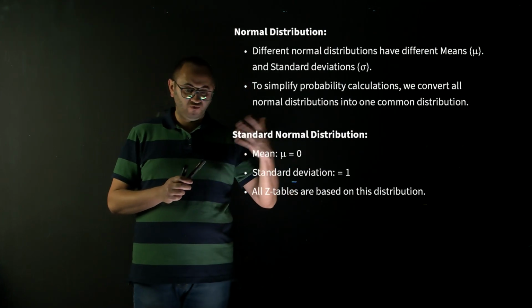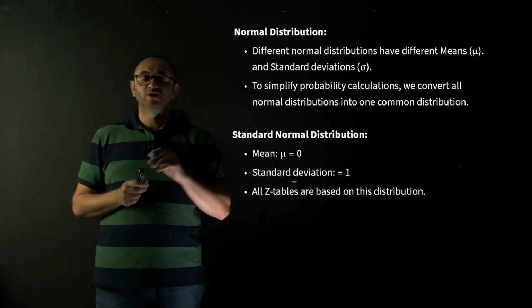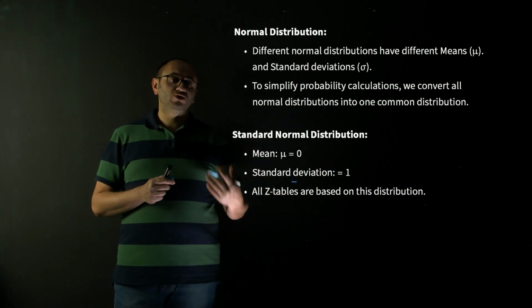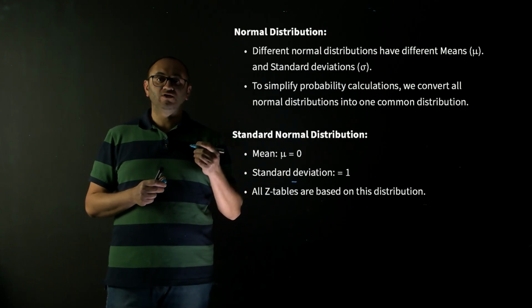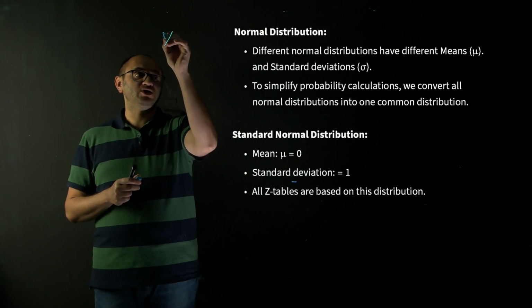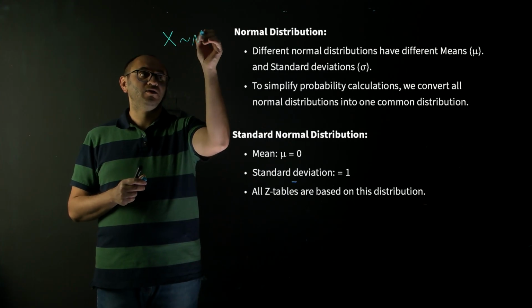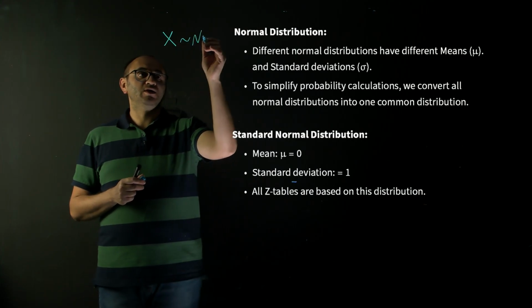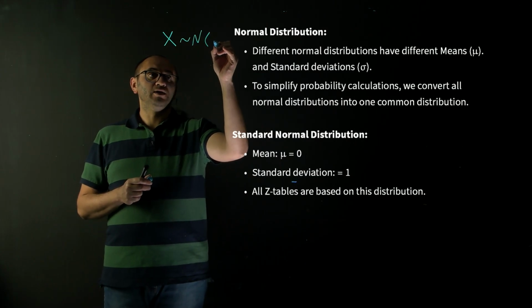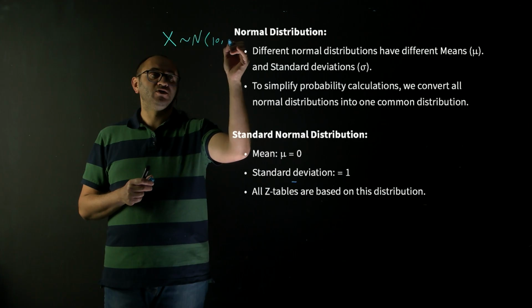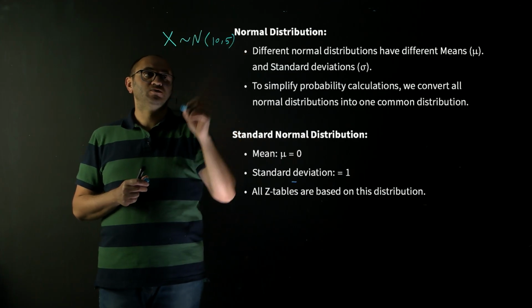So for example, if X follows a normal distribution with mean 10 and the standard deviation 5, we say X follows N, where N means a normal distribution with mean, let's say 10 and the standard deviation of 5, right?